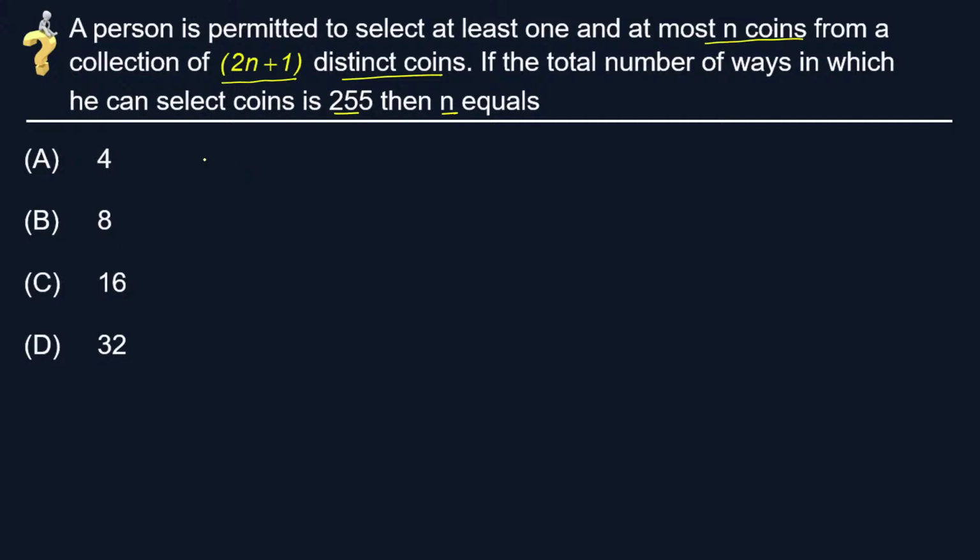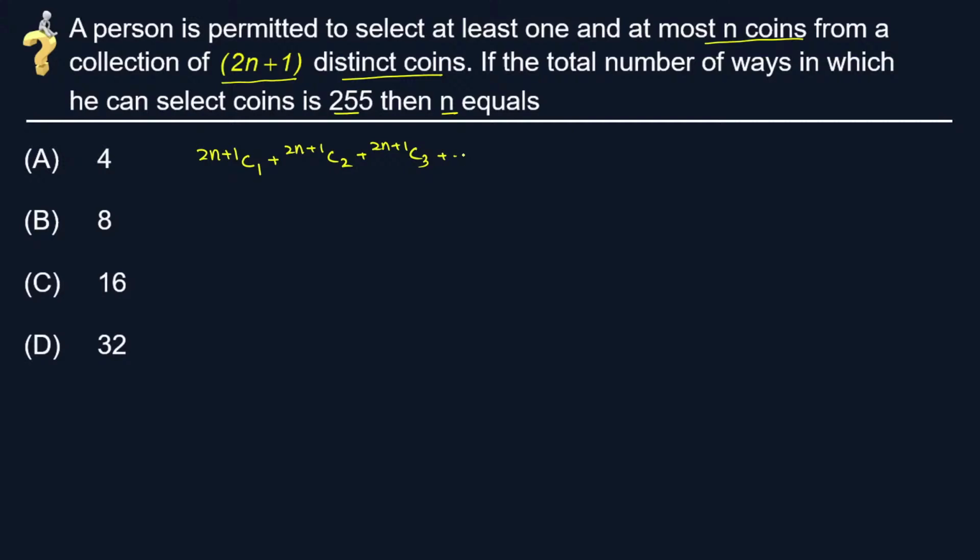The person is selecting at least one coin. So one coin can be selected by the person in how many different ways? We are having 2n plus 1 distinct coins. So the total number of ways of selecting only one coin will be 2n plus 1 C1. The number of ways in which he can select 2 coins will be 2n plus 1 C2. 3 coins will be 2n plus 1 C3.